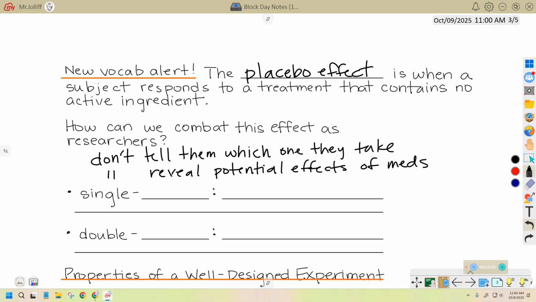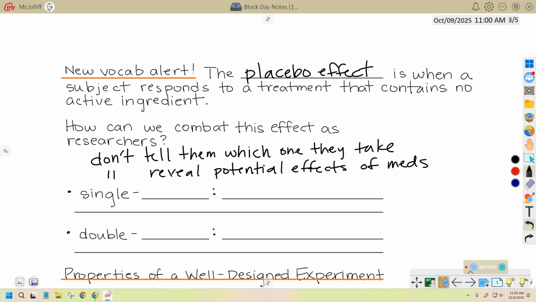Anything else? No, both of those are good. Notice both of them involve withholding information. And the idea that we are withholding information in a study like this is called blinding.